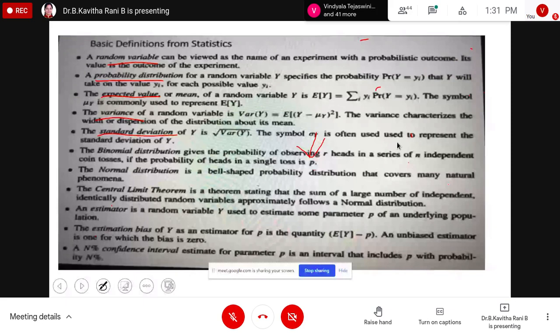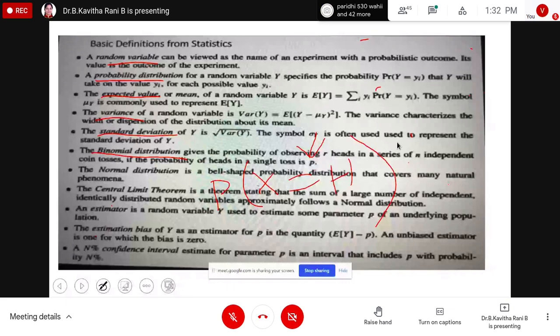So what is the next term? That is binomial distribution. When we take the probability of head in a single coin toss, that is nothing but probability of x is equal to h. Then binomial distribution will give the probability of observing r heads.